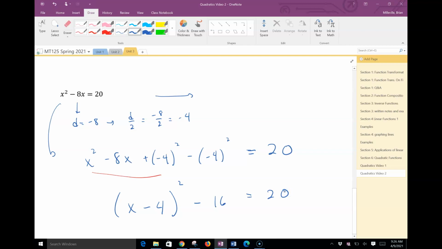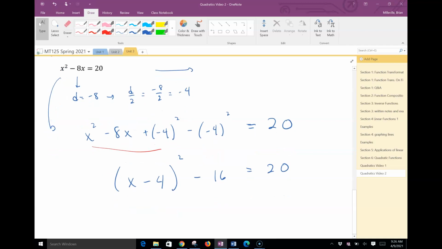Now, if our goal is to isolate x in here, because we're trying to solve this equation for x, we want to know what numbers you plug in for x to make that a true statement. Well, we want to get the x minus 4 part by itself. So at this stage, we would add 16 to both sides.